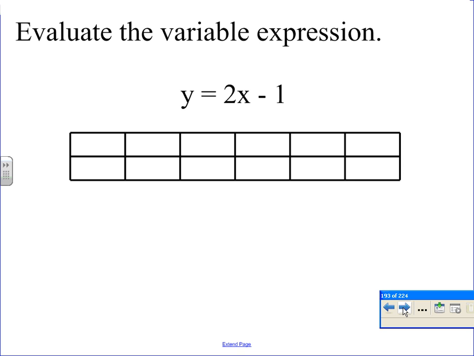Okay, on the side or bottom of your notes, wherever you have room, I want you to write down y equals 2x minus 1. You don't need to write the instructions, but on your homework there are some problems like this. It says evaluate the variable expression, whoops, it should say evaluate the equation, not expression, because it's an equation.